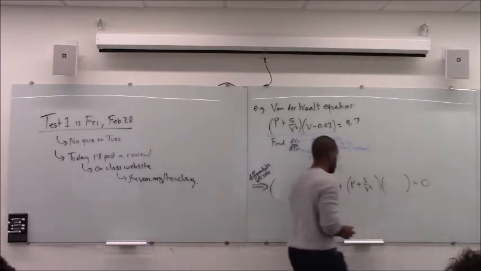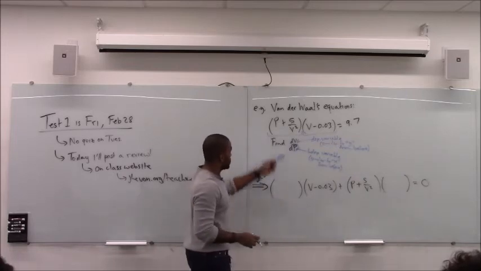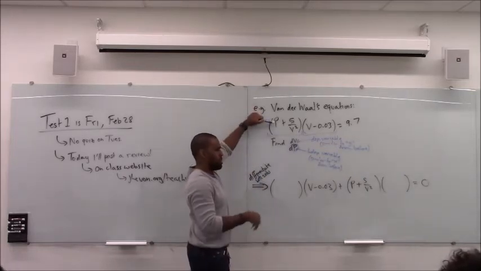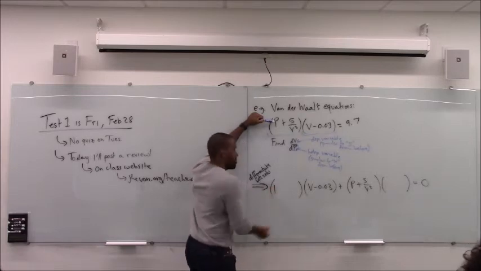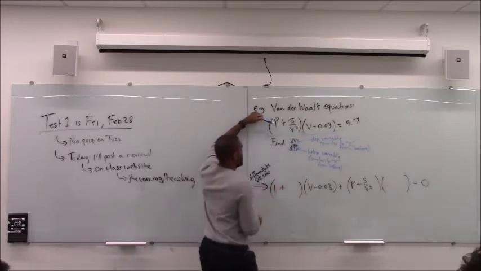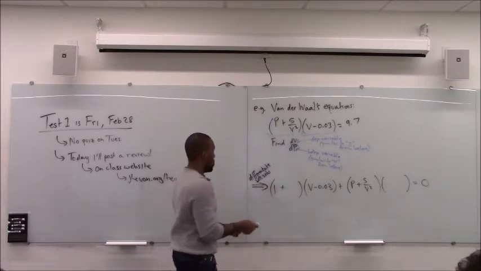The derivative of that is going to be 0. The derivative of p is like asking what's the derivative of x, it's going to be 1. Plus the derivative of the other term.